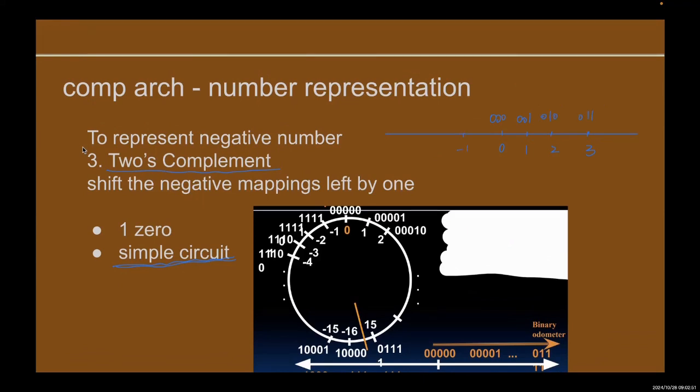Okay, minus 1, minus 2, minus 3: 1, 1, 1, 1, 1, 0, 1, 0, 0. So this is the 3-bit signed number, and it can represent minus 4 to 3, which is 2 to the 3 equals 8 numbers in total.